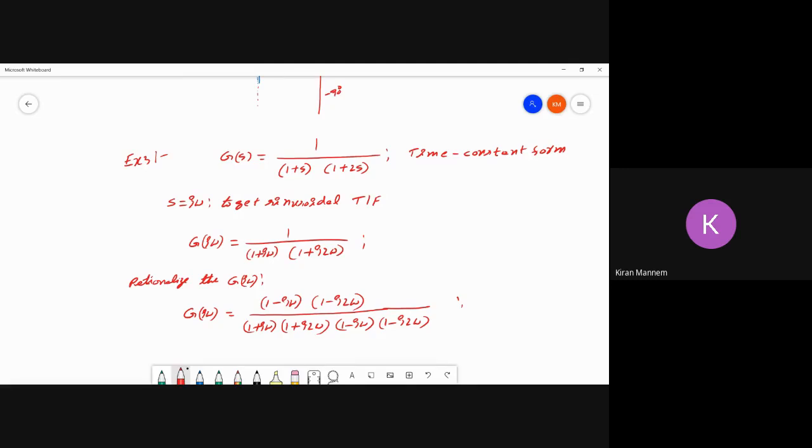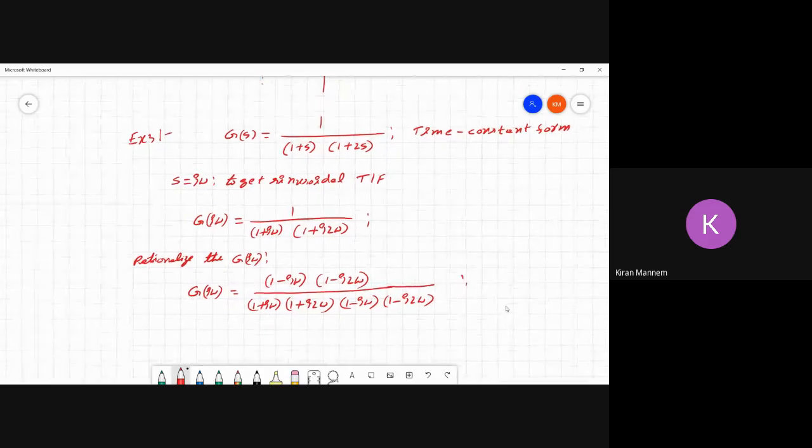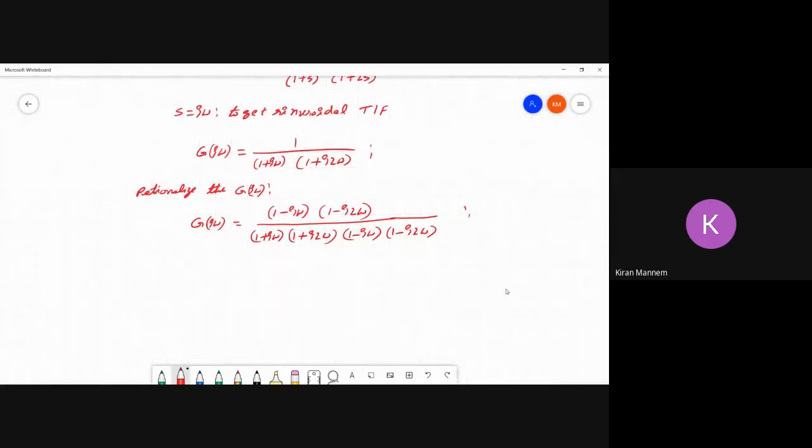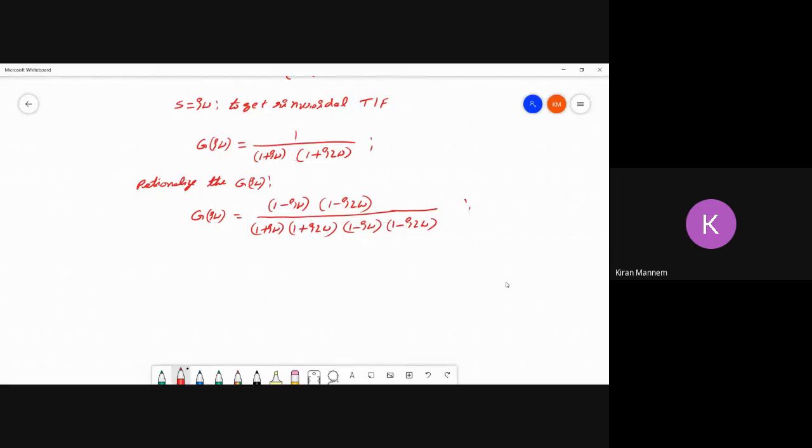So separate the real terms and imaginary terms quickly. Tell me the answer.